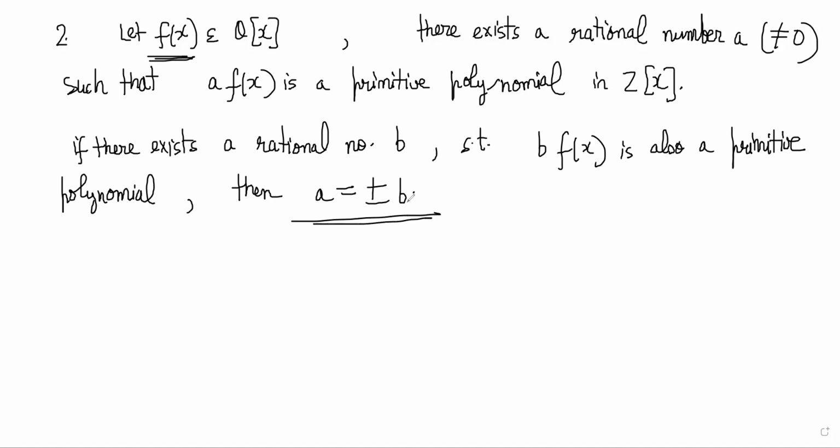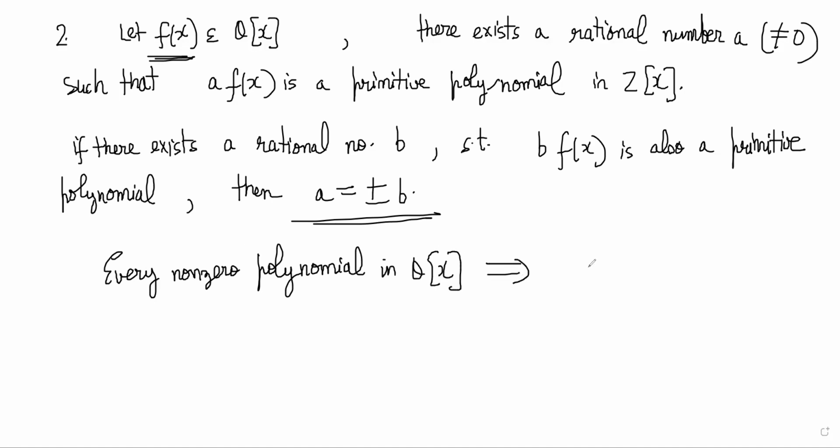So basically this means that for every non-zero polynomial in Q of x, there corresponds a primitive polynomial in Z of x.